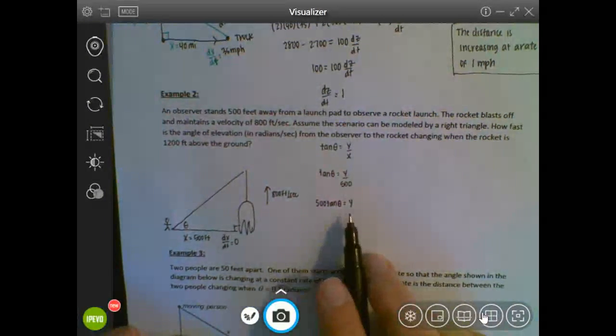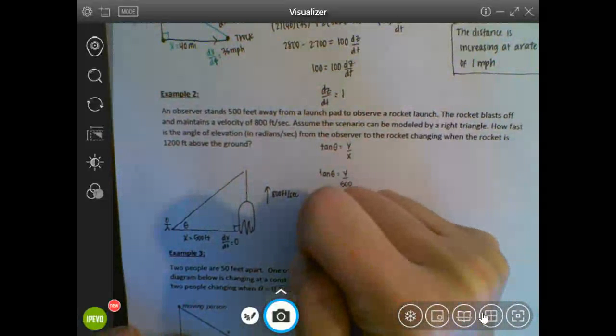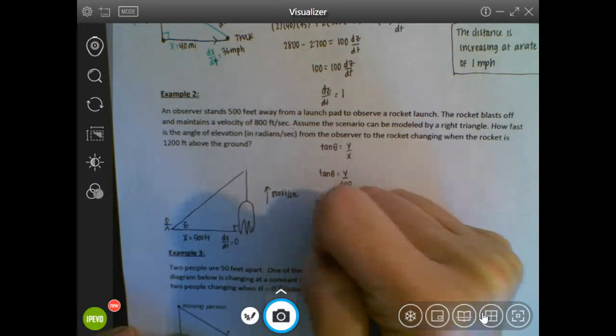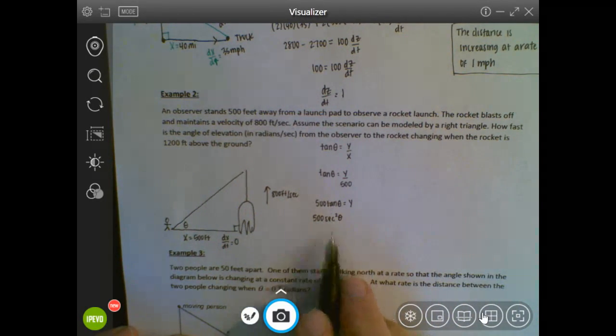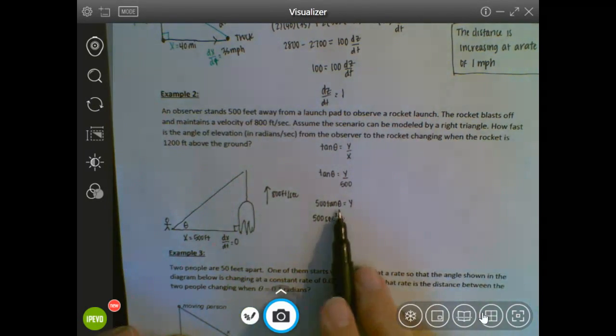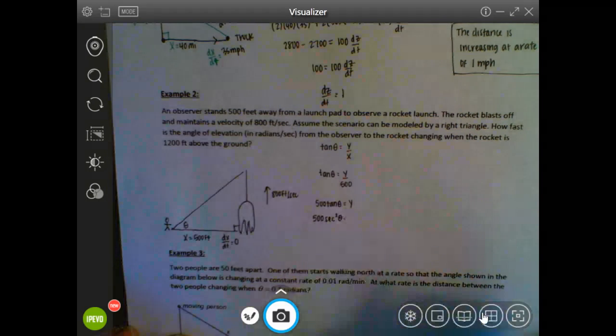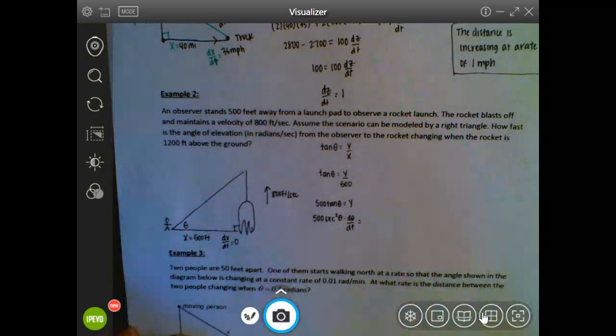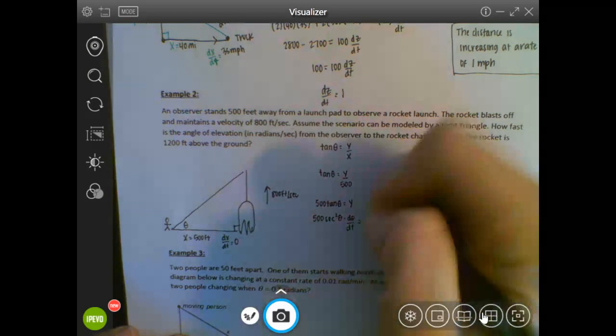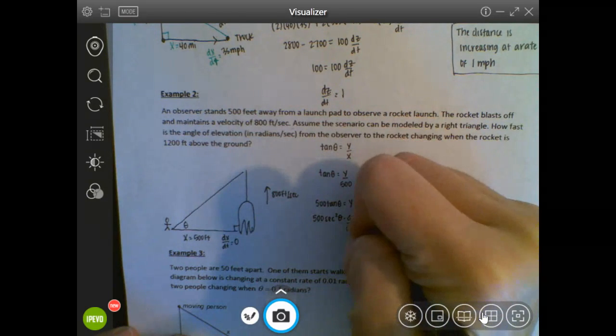So 500 tan theta is equal to y, then I can go ahead and take this derivative. So 500 times secant squared theta, that's the derivative of tangent. But remember that we also need to take into account the derivative of this variable, which is theta. So we're going to call this times d theta dt. And then over here, my derivative of y with respect to t is dy dt.